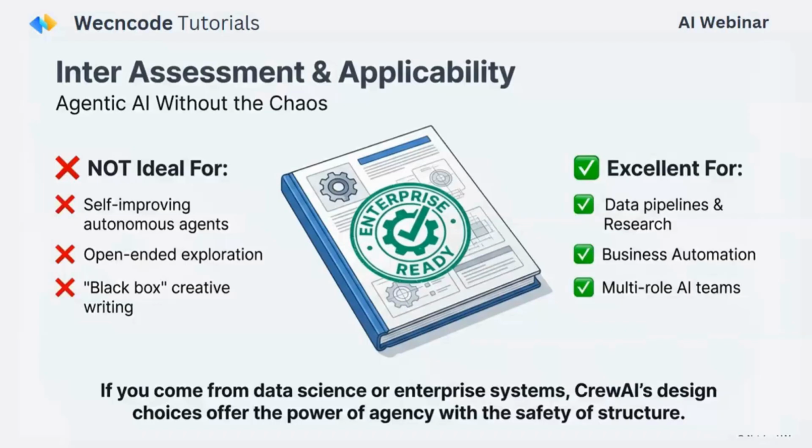Agentic AI is not ideal for self-improving autonomous agents and open-ended exploration, because there should be a specific goal, like we said from the beginning. It's not something that you could just take outside the boundary. That's why we keep saying that the agent cannot replace the human brain.